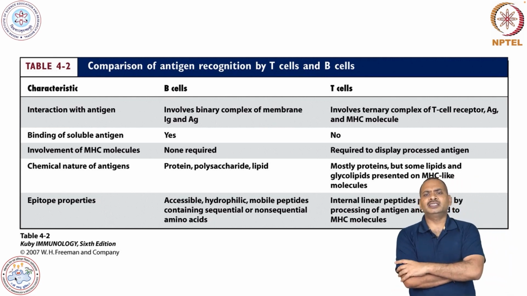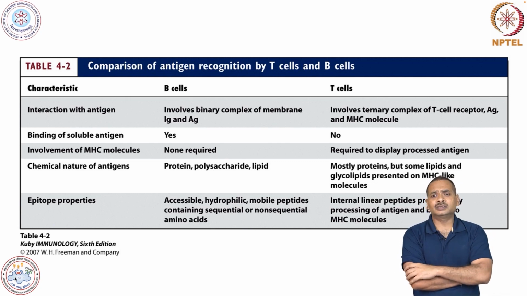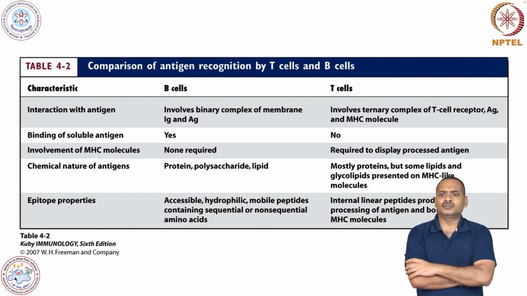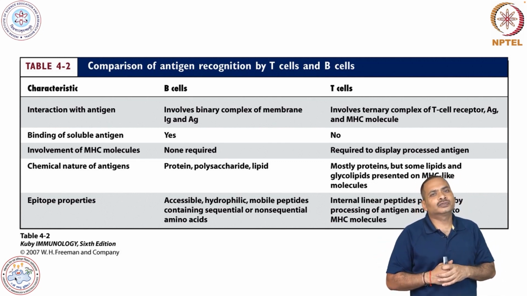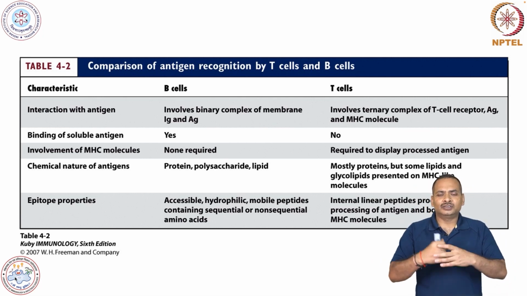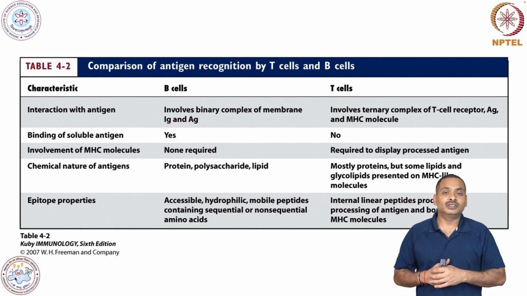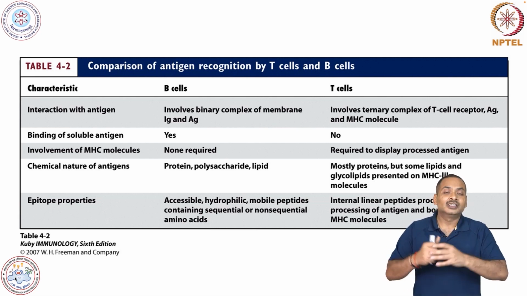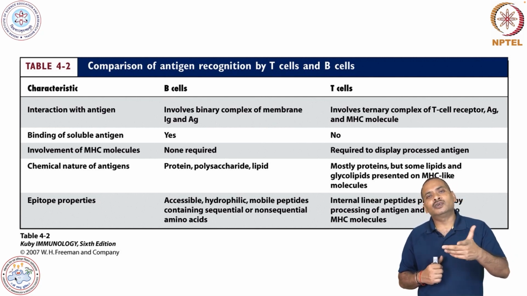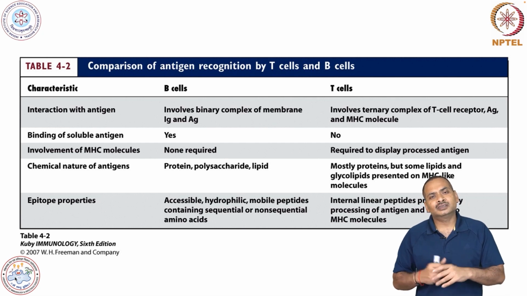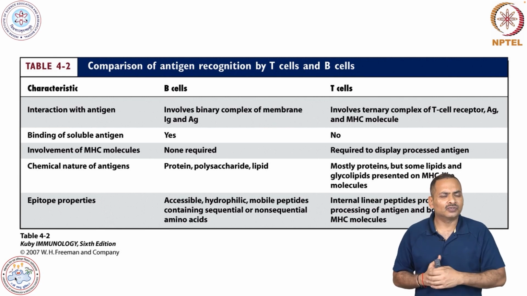But in the case of T cells, it is a ternary complex of the T cell receptor. The T cell receptor consists of two polypeptide chains, as you will see in subsequent sessions. It consists of alpha and beta chains, which is the predominant form of T cells.